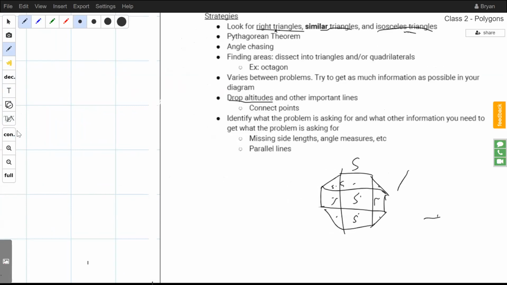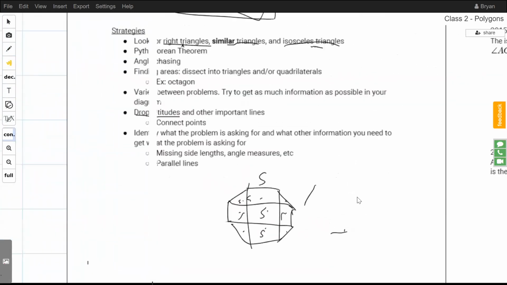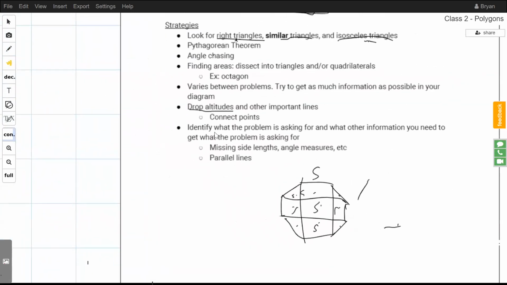So now, actually I missed the point. You have to identify what the problem is asking for and what information you need to be able to find what the problem is asking for. And this is important because it gives you direction.